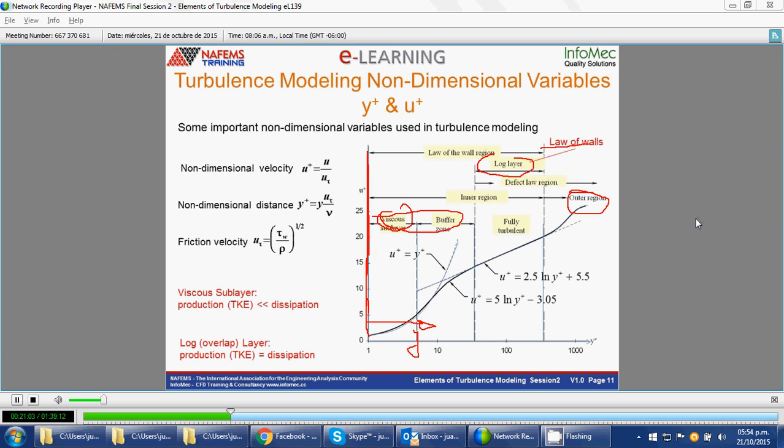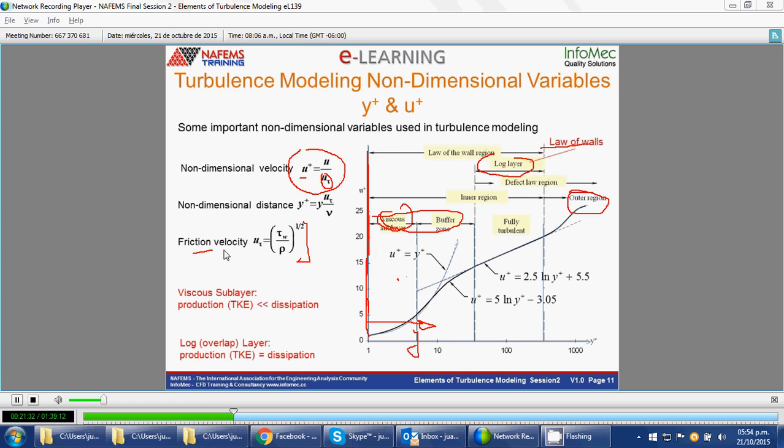Now, if you look at the velocity at any point away from the wall, there is a parameter we call non-dimensional velocity, u plus. U plus is u over u sub tau. What's u sub tau? That's the friction velocity. It's tau wall divided by density, to the power of half. So that's one non-dimensionalized in the u plus.